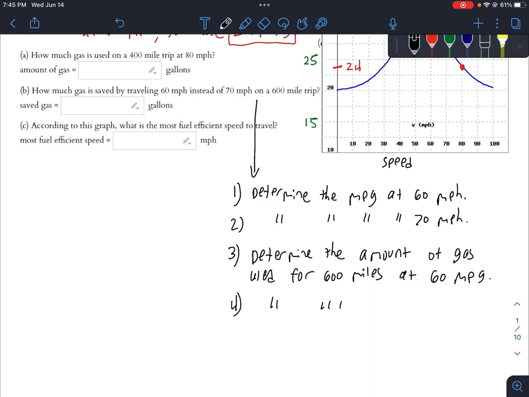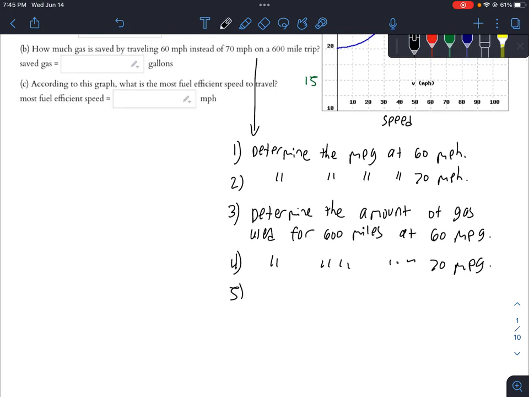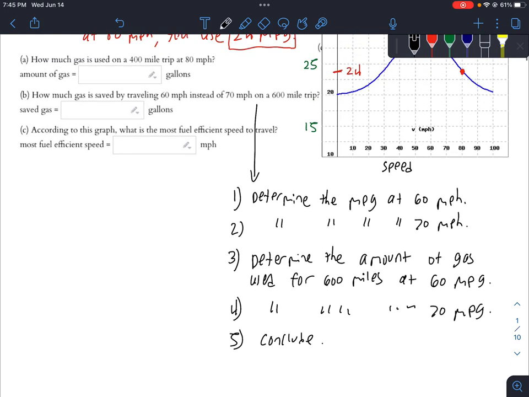You can then do the same thing at 70 mpg, and then the last step I'll leave to you is to make your conclusion based on this information that you calculated. And again, watch out for the units you're entering: gallons here, not miles per gallon or miles.